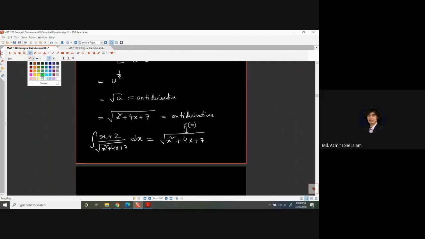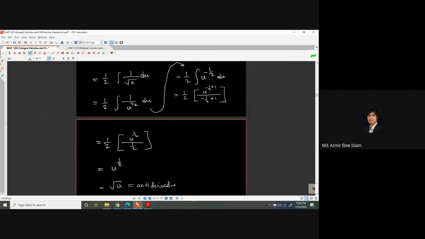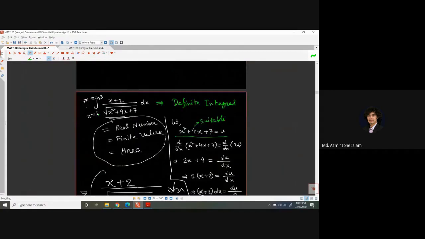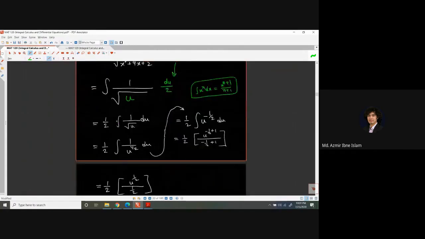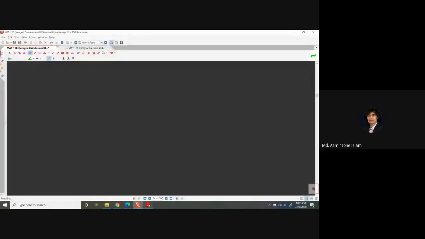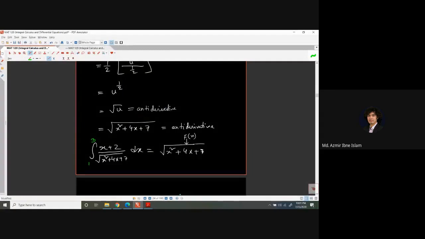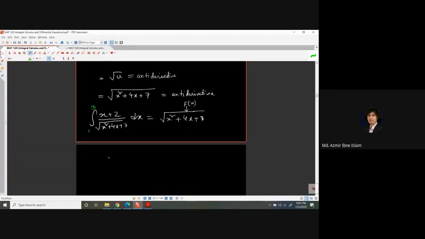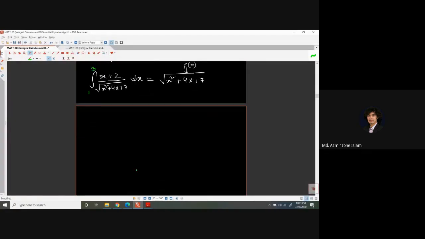Now think about the limits. We had 1 to 3. So we are integrating at first from 1 to 3. So you must know that we have the fundamental theorem of calculus.